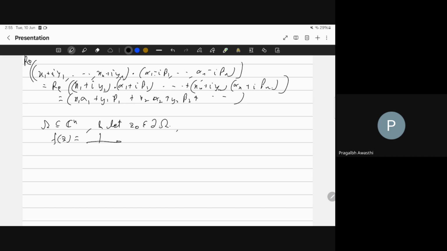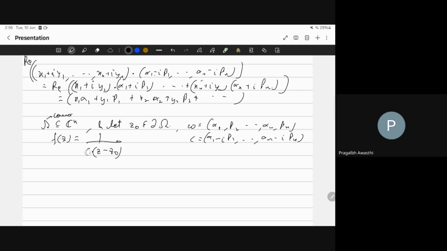At z naught, since omega is convex, there is a supporting hyperplane, and let the normal vector of the supporting hyperplane be given by alpha 1 beta 1 through alpha n beta n. Let small c be the vector alpha 1 minus i beta 1 through alpha n minus i beta n, and so we have c dot z minus z naught as the function that we are interested in looking at.